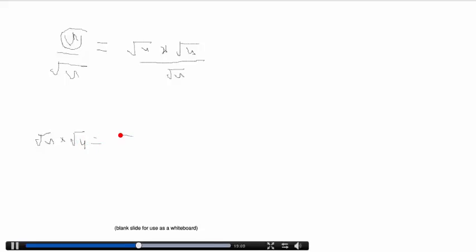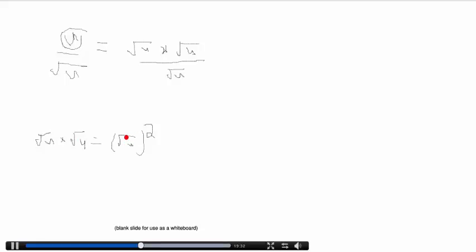Root squared. This becomes u, and everything is squared. Had this been just x times x, it would have been x squared. So root u times root u is root u, everything squared.